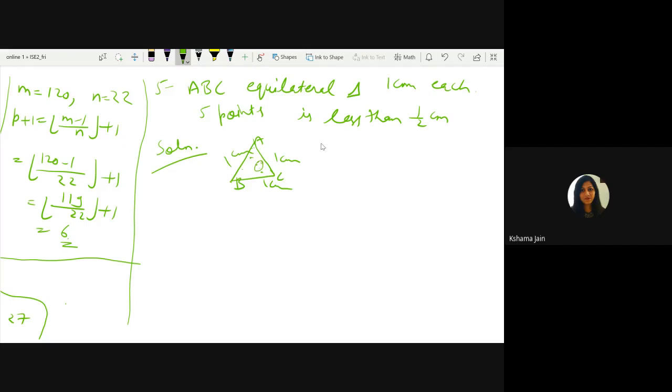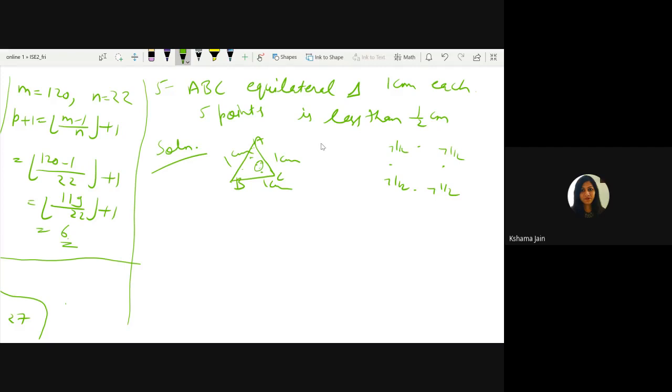Means this is a very small triangle I put here. For example, 3 and 4. These 4 points I have put have a distance greater than half centimeter. It can be 0.75 or anything. But they are telling if we want to put any 5th point, we can't put it such that its distance is also greater than half centimeter.